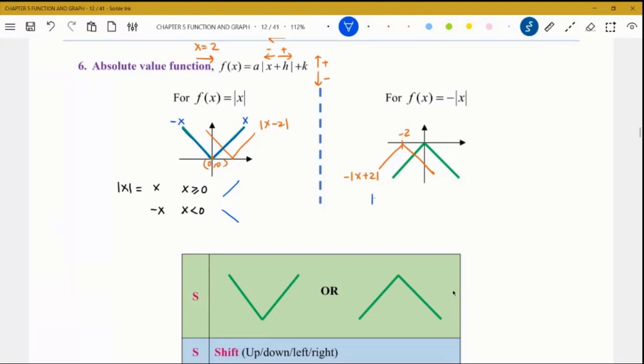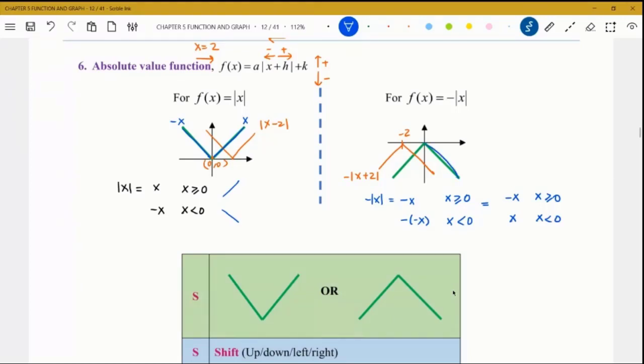Ataupun yang ini, negatif modulus X: negatif X untuk X greater than equal 0, sorry, negative X dia adalah untuk X less than 0. So kita simplify dia adalah negative X when X greater than equal 0, positive X when X less than 0.